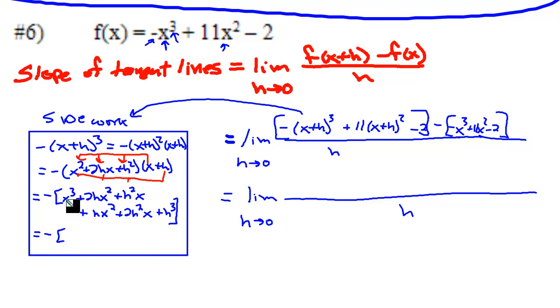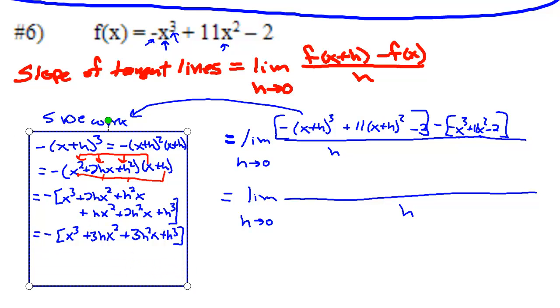So this equals negative, x cubed has no like term. 2hx squared plus hx squared is 3hx squared. Plus, these are like terms, 2 plus 1 is 3 h squared x, plus h cubed. And now we have this pestering negative out in front, which is a negative x cubed minus 3hx squared minus 3h squared x minus h cubed.